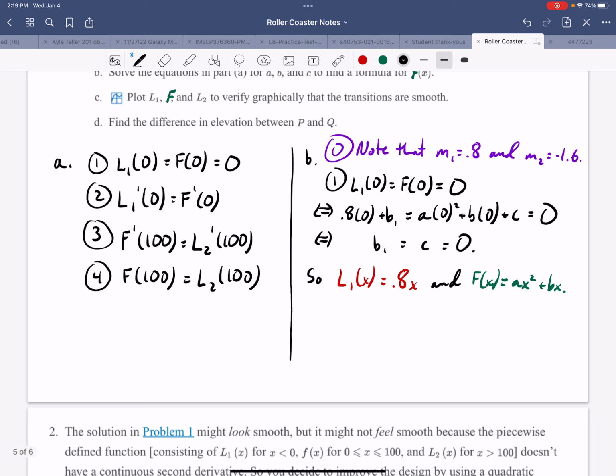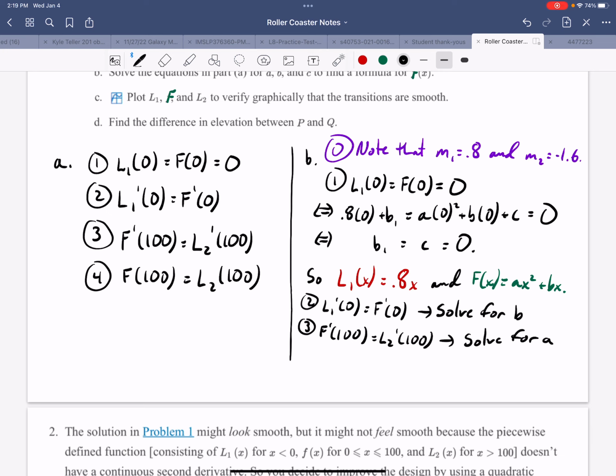For the other stuff, just note that equation 2, L1 prime of 0 equals F prime of 0, will allow you to solve for B. For the third equation, f prime of 100 equals L2 prime of 100, will allow you to solve for A. And then the last equation is that f of 100 equals L2 of 100.